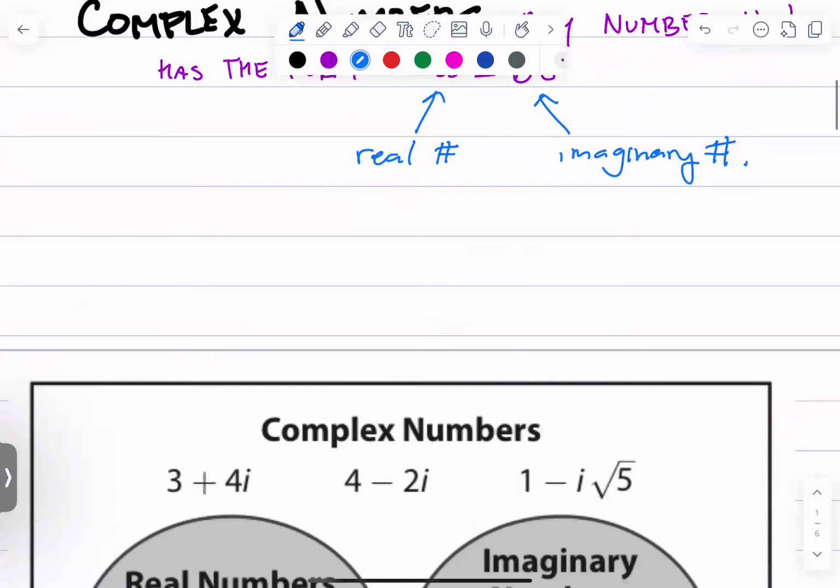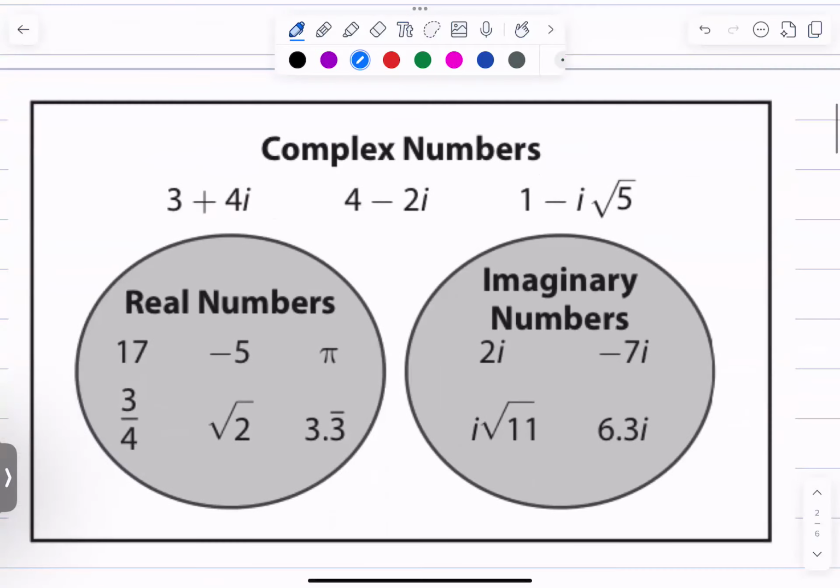So what I have for you today here is a Venn diagram of what a real number is. There's examples of what imaginary numbers are and what complex numbers are. Real numbers: 17, 3 over 4, negative 5, square root of 2, pi, or 3.333333.